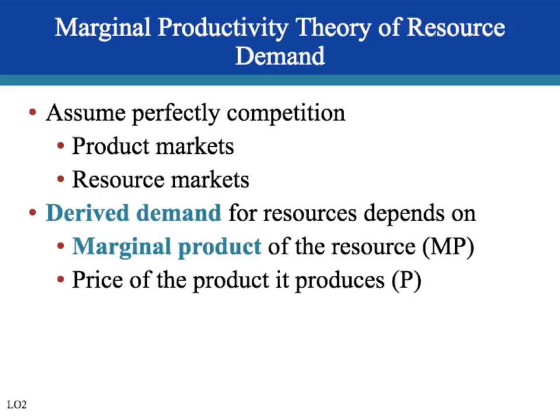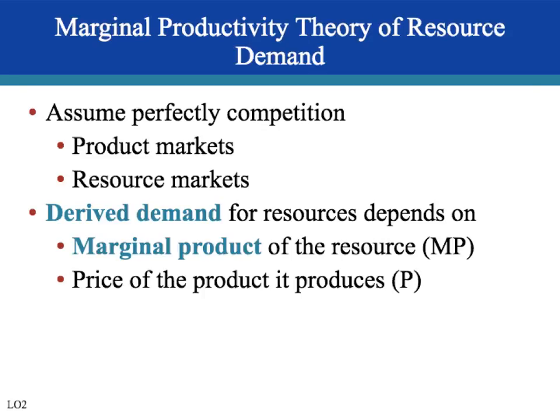In the product market, they can supply as much or as little output as they want at a certain market price. And in a resource market, they are also a price taker. They have to acquire resources at their market price. Their demand for a resource does not change the price of the resource.